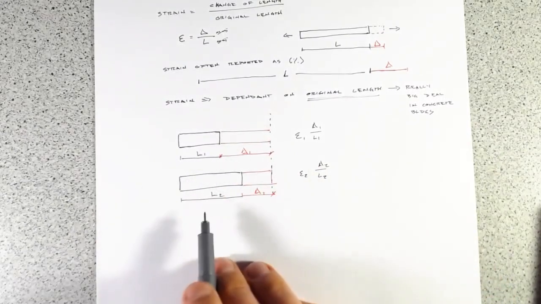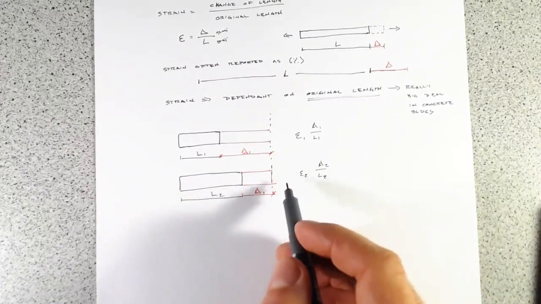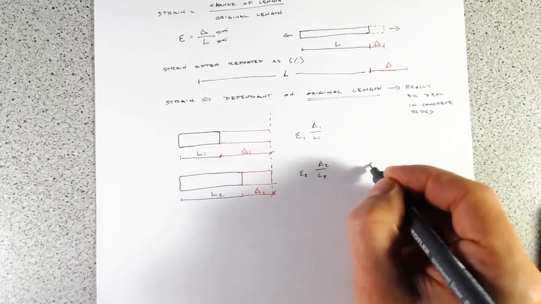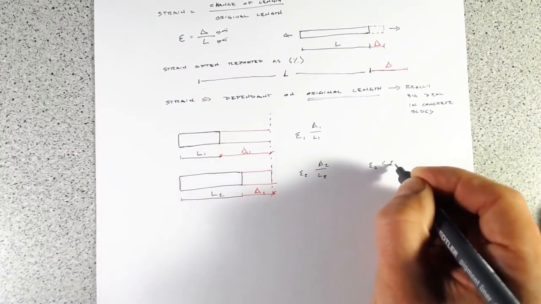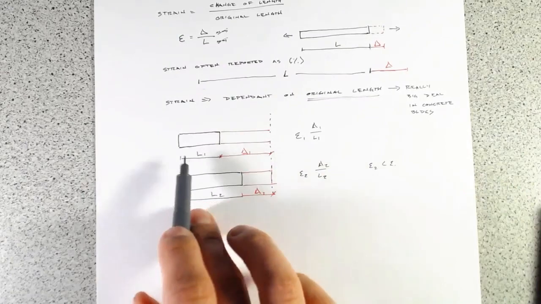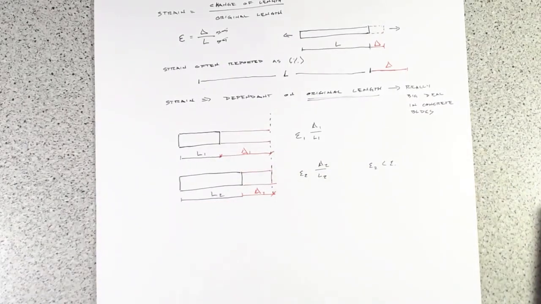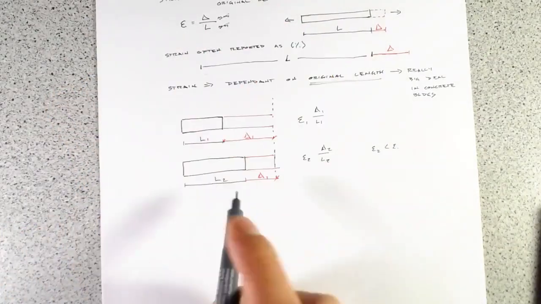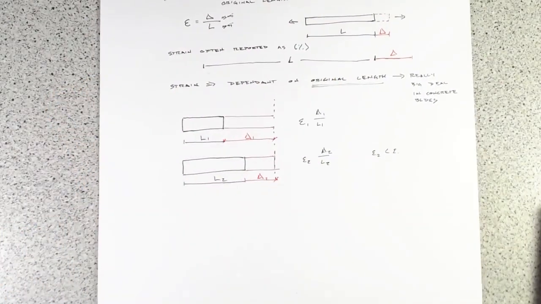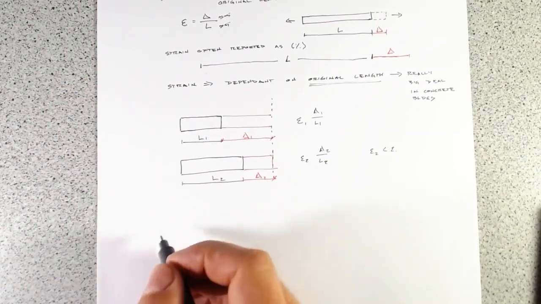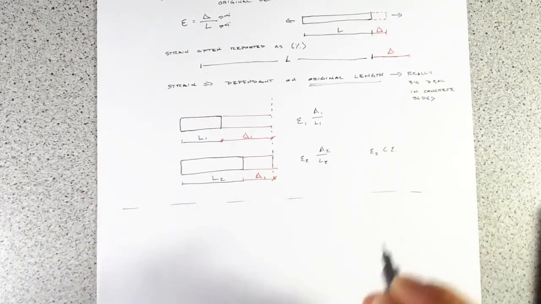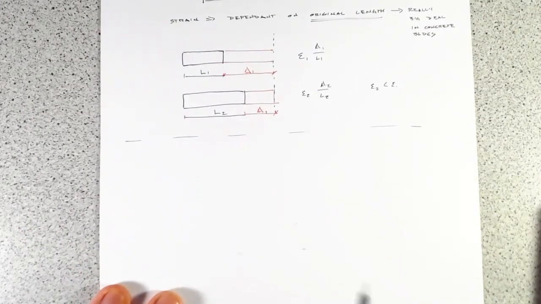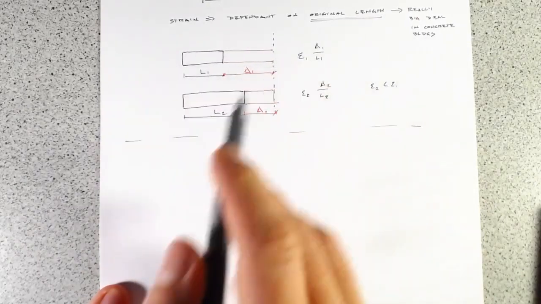And again, you're going to have a much smaller strain. So strain 2 is going to be less than strain 1 because this deformation is going to be much smaller by pulling all of this to the same point. So we have a much larger deformation here on delta 1. We could see a similar behavior if we keep the deltas the same.